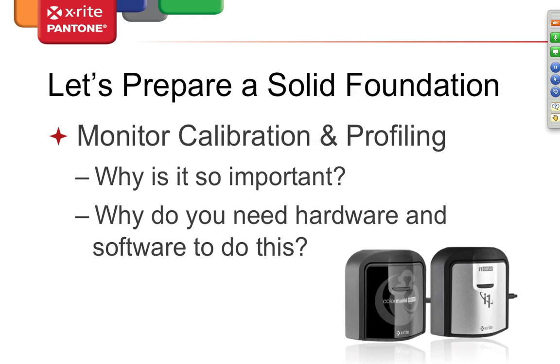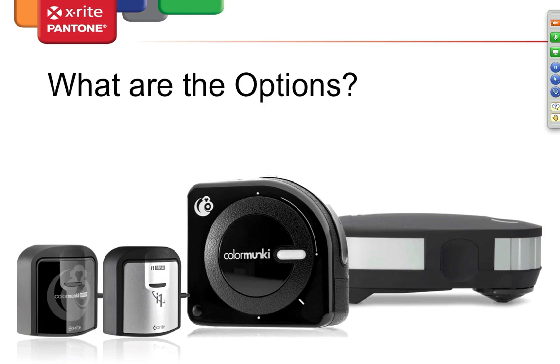Well, photography editing has a different set of requirements. It really requires that your monitor is showing you as accurately as possible exactly the data that's in your file. If that's not happening, then you're guessing when you do your edits, and you're going to be unhappy when you have your prints either come back from your lab or using your own printer. So you need hardware to do this. You can't do this by eye.